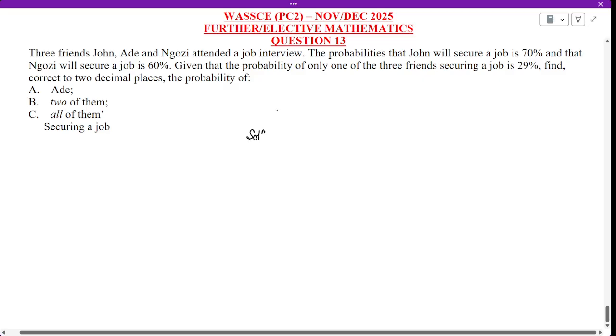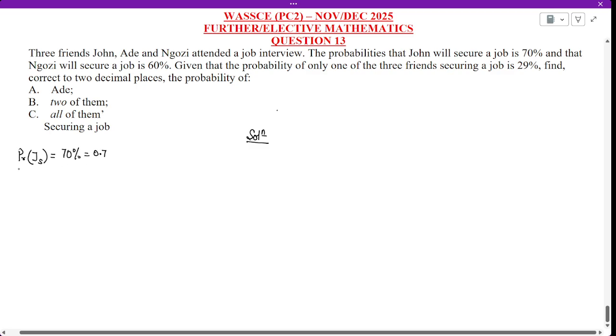First, we break this down. Let's say PR is the probability, with subscript S showing that John secures a job. This is given as 70%, which can also be written as 0.7.